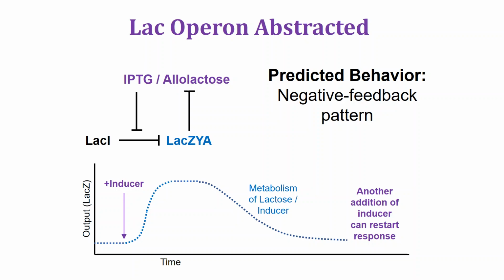So the way we can predict how this circuit would behave would be a negative feedback pattern. You add the inducer, let's say in the case of lactose, you add it, you'll turn the genes on, but eventually the inducer will be broken down through the products of those very genes, and the cell will return to the initial state.